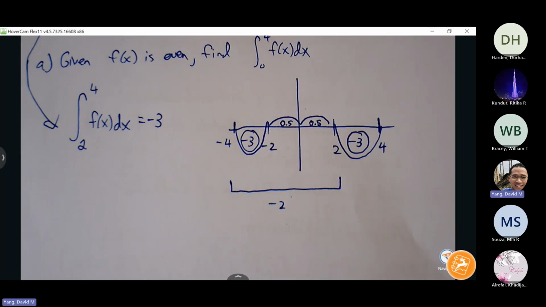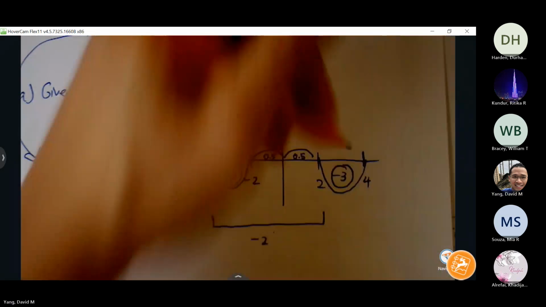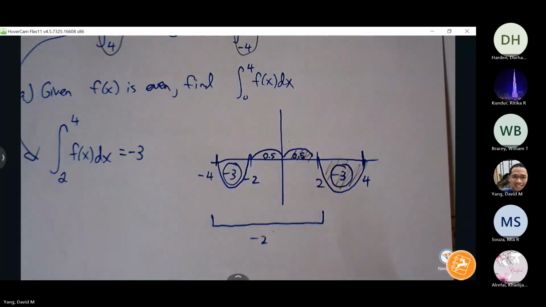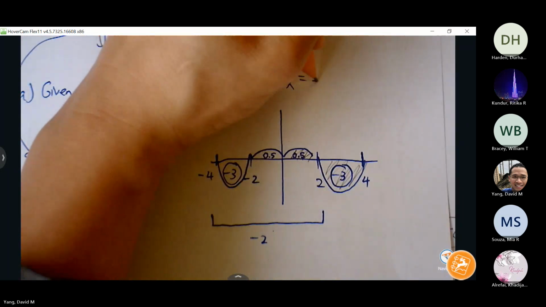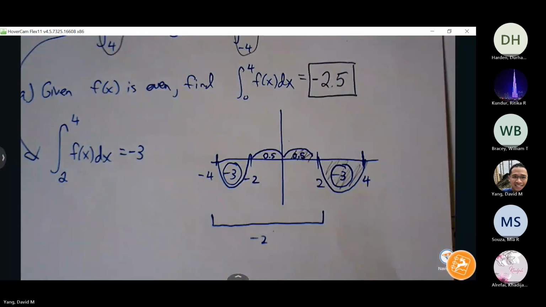So now we can add up our region. Our region is from 0 to 4. So that gives us positive 4.